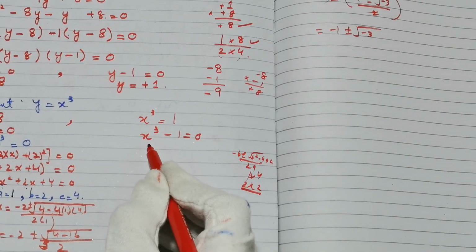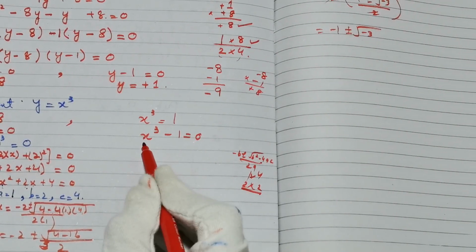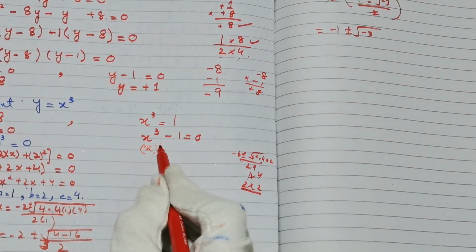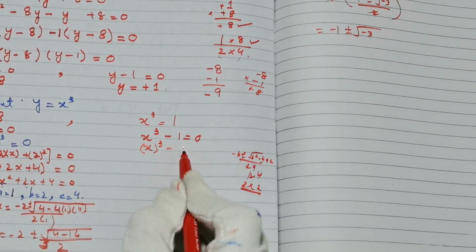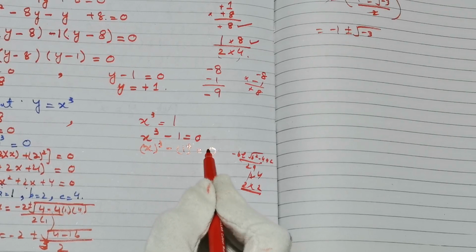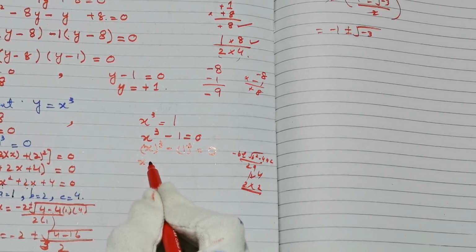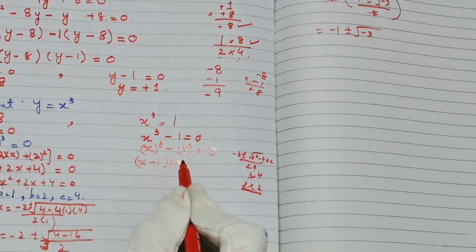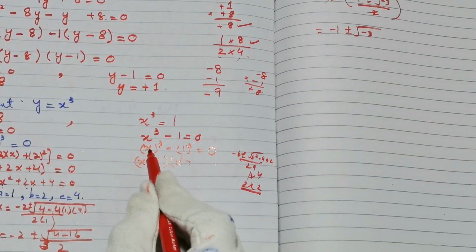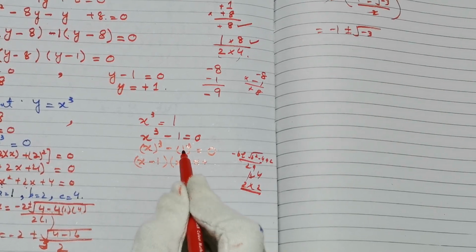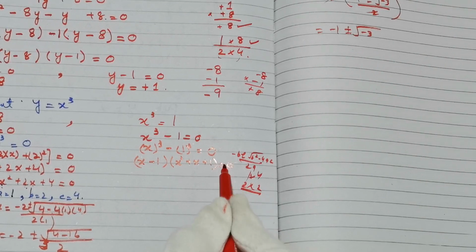So again we apply a cube minus b cube equal to 0. So (a minus b)(a squared plus a into b plus b squared), x ones are x, plus 1 squared, equal to 0.